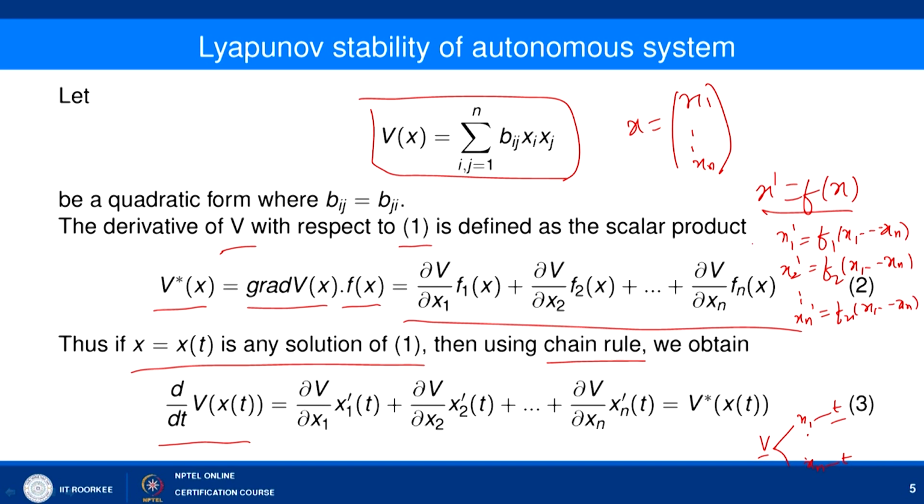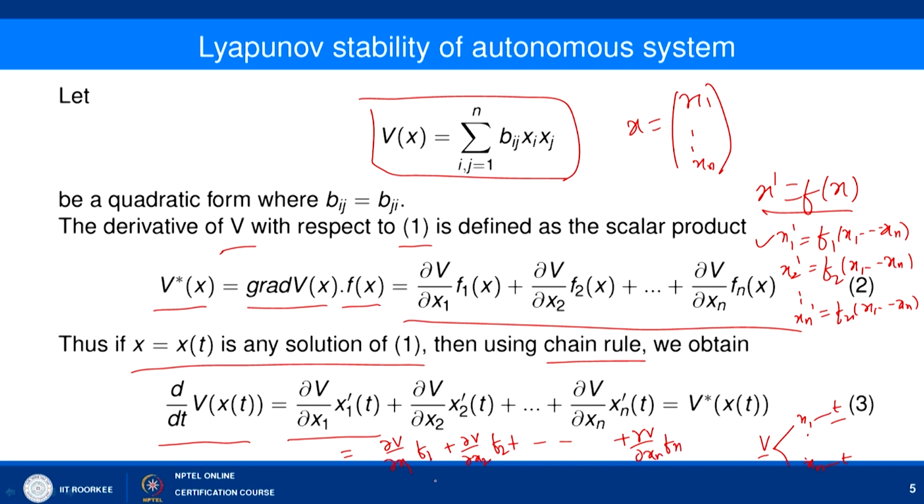Using the expression for x1 dash, I can write this as ∂v/∂x1, in place of x1 dash we can write f1, and ∂v/∂x2, in place of x2 dash we write f2, and so on. So this is ∂v/∂x1 f1 plus ∂v/∂x2 f2 and so on, ∂v/∂xn fn.